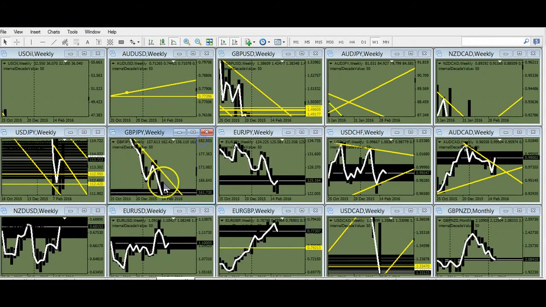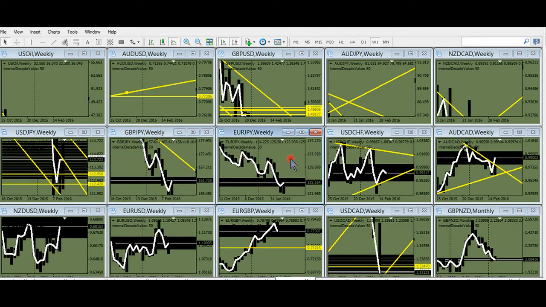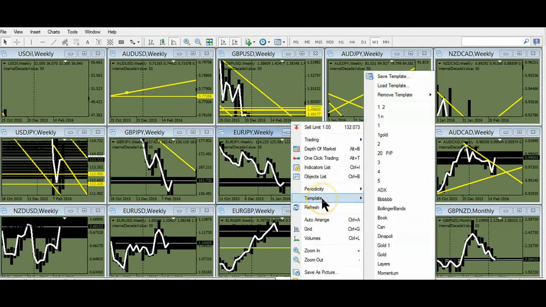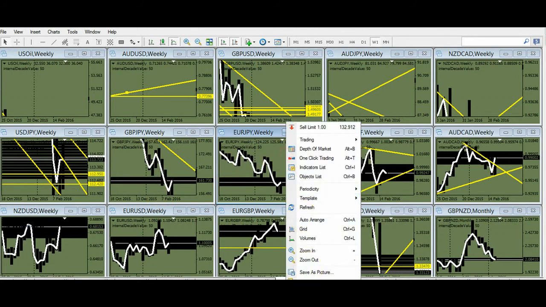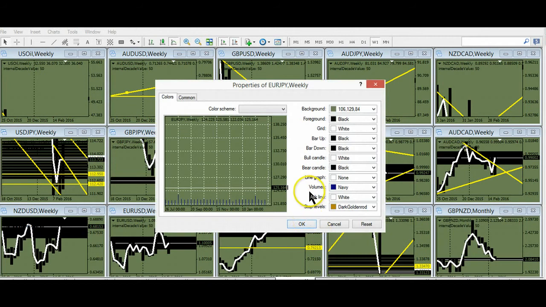So if you're going to trade from a follow-the-money perspective, the euro to the yen is the one you could get in now, because this guy's already taken off. This is also where I said buy this retest zone.